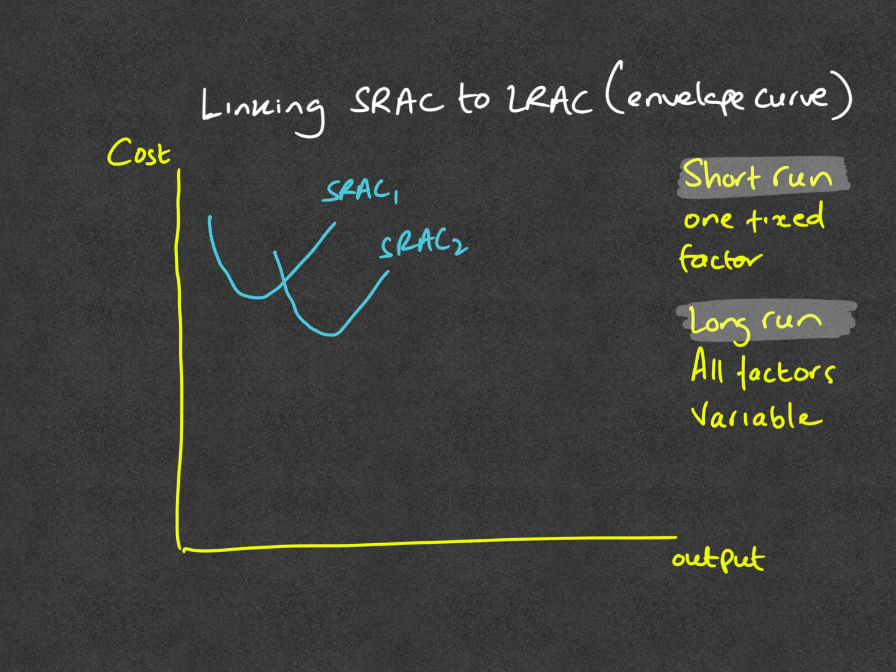Each curve drawn, this is SRAC3, represents a corresponding level of different amounts of capital or land, depending on what factor is fixed. And so the scale of production is changing, and that's why you have different SRACs drawn throughout.